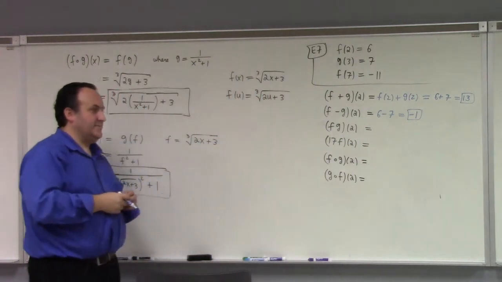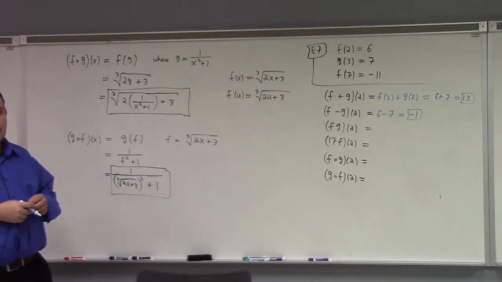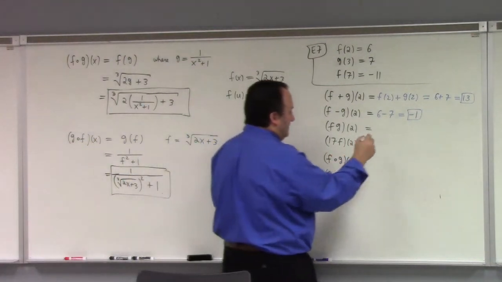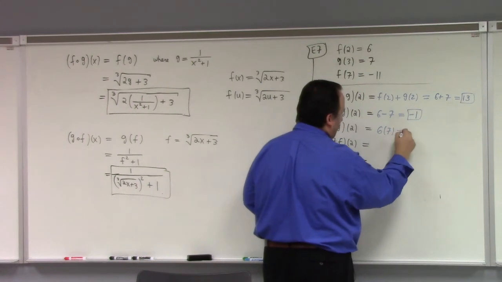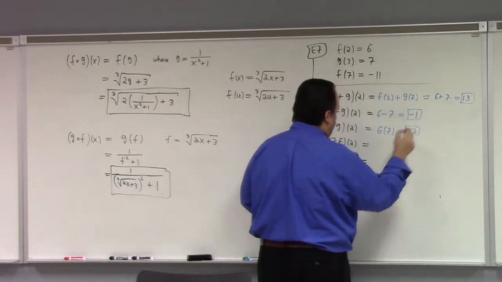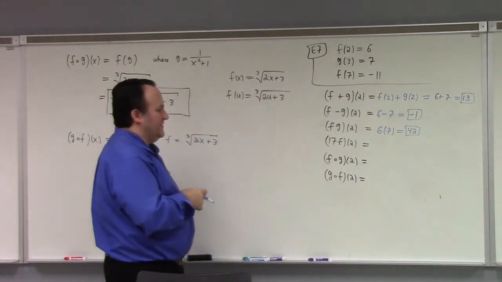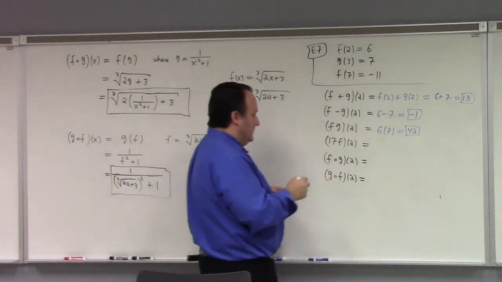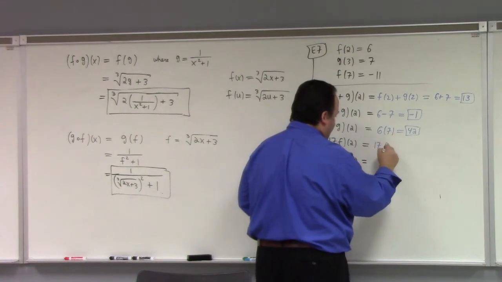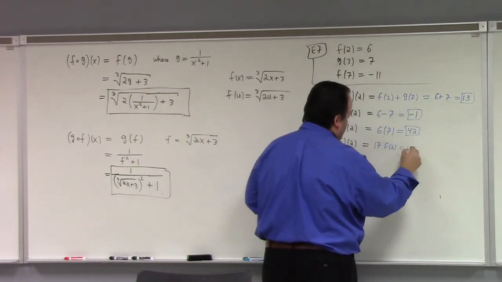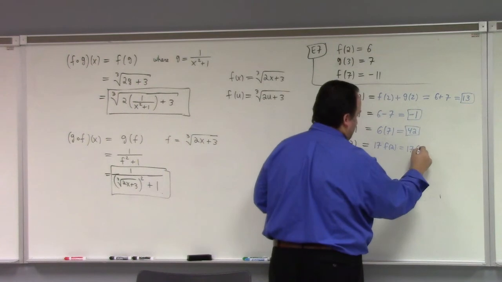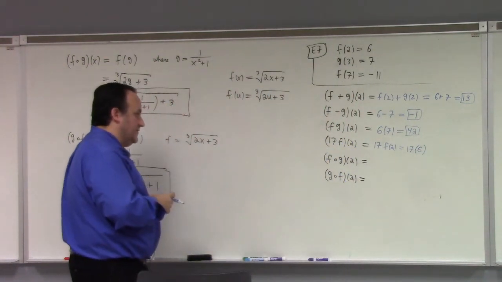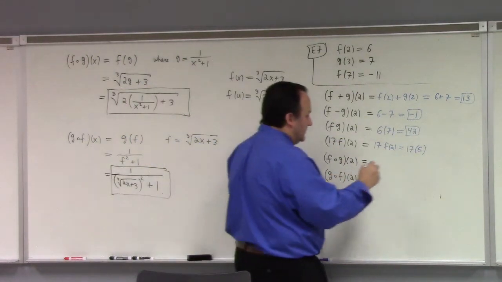What about f times g of 2? There we do f of 2 times g of 2, which is, in this case, 6 times 7. What about 17 f of 2? There we just multiply 17 times f of 2, whatever that is. Apparently 17 times 6, which is 60 plus 42, which is, I guess, 102.